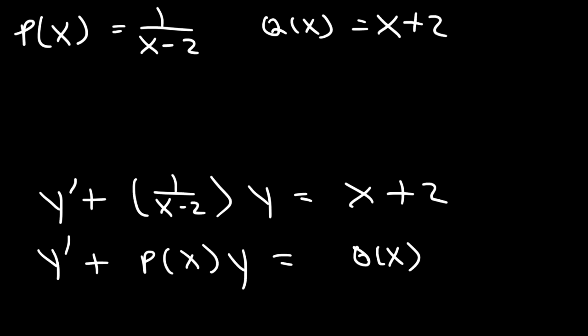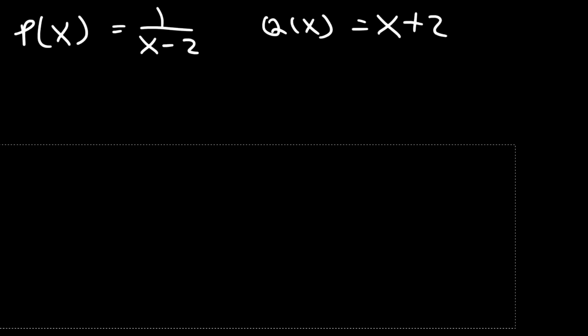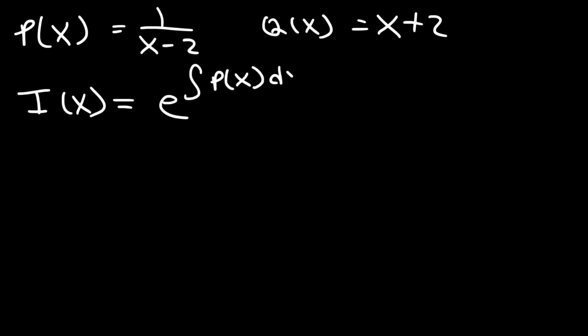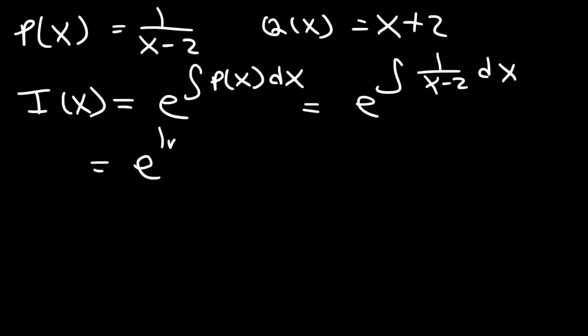Now let's determine the integrating factor. So I of x, as always, is going to be e raised to the integral of p of x dx. And so that's going to be the integral of 1 over x minus 2 dx. Now the antiderivative of 1 over x minus 2 is going to be the natural log of x minus 2.